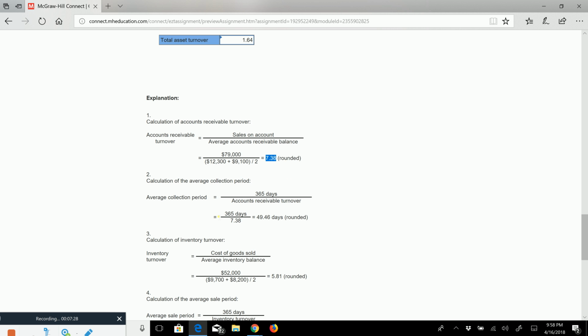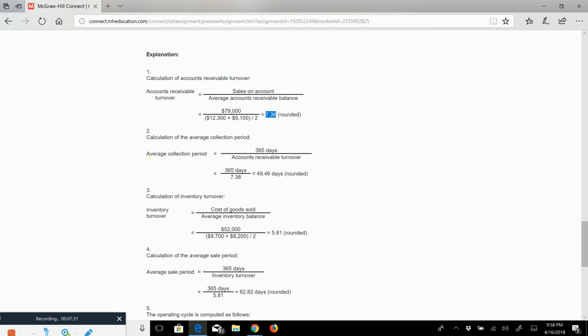And we're going to take that one step further and calculate the average collection period. Your numerator is going to be 365 because that is the number of days in the year. Your denominator is going to be the receivable turnover that we just calculated, 7.38. That works out to 49.46 days.